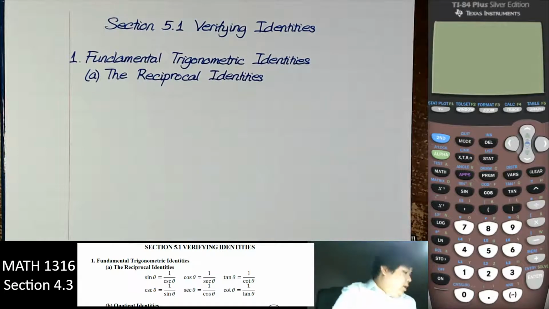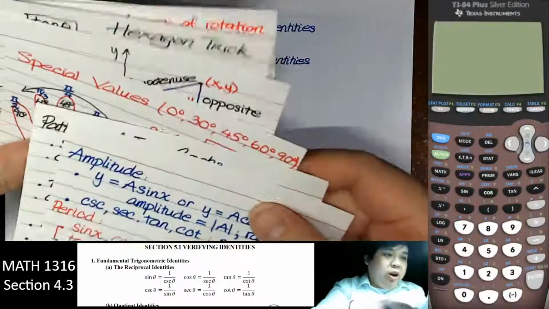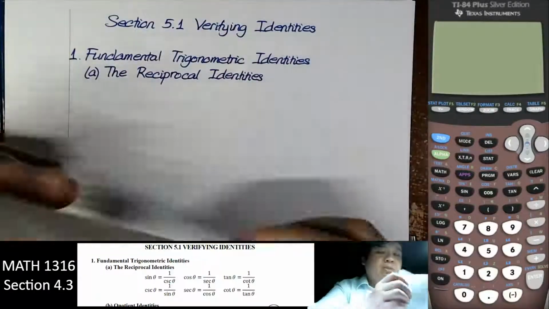The reciprocal identities. By the way, hope you still have all the quick reference code that we have from the beginning, right?